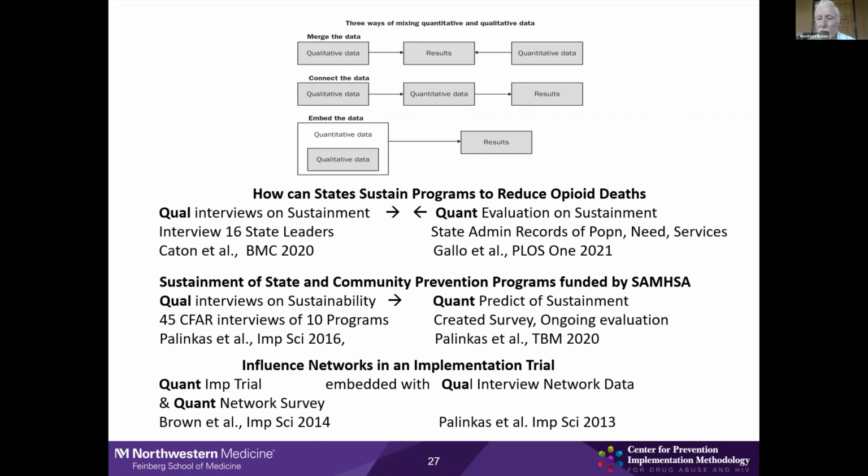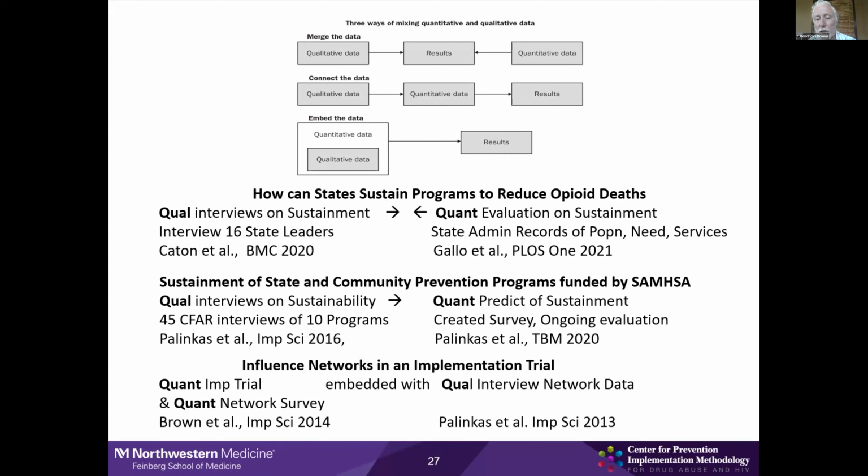So these are three illustrations. The first one in here corresponds to merging the data. These are examples of looking at sustainment, which is the least tested and evaluated part of implementation. How can states sustain programs to reduce the opioid deaths from the federal dollars that are given? The first step in here was looking at qualitative interviews of 16 state leaders that got published as evaluations associated with the qualitative data.